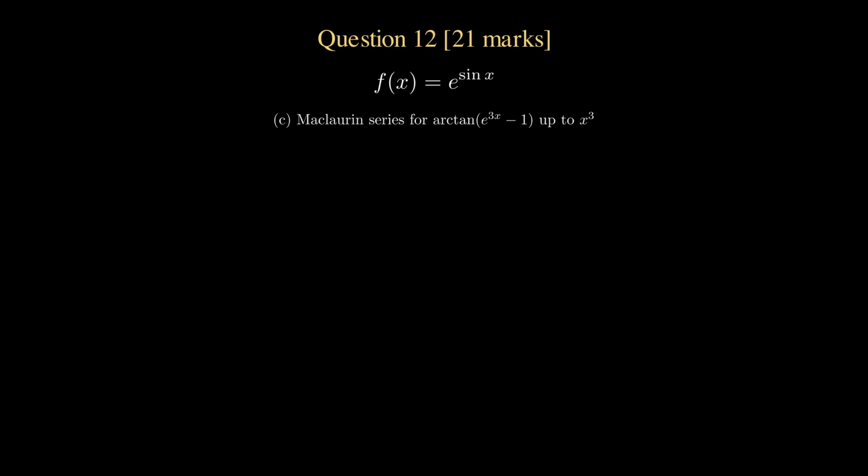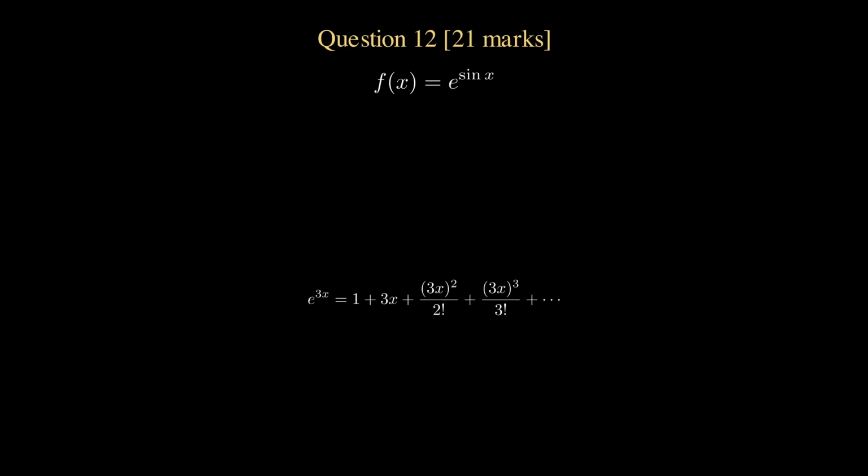Part C. Using the Maclaurin series for arctan x and e to the 3x minus 1, find the series for arctan of e to the 3x minus 1 up to the x cubed term. First, the Maclaurin series for e to the 3x. The Maclaurin series for arctan u.